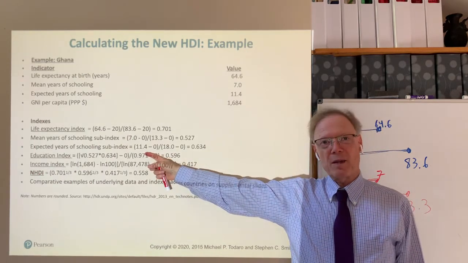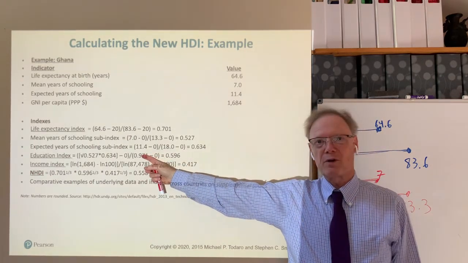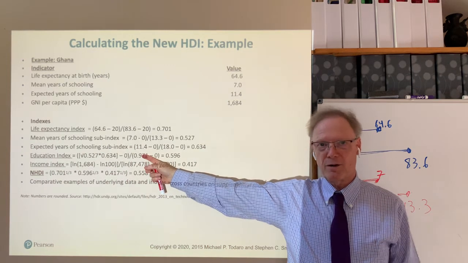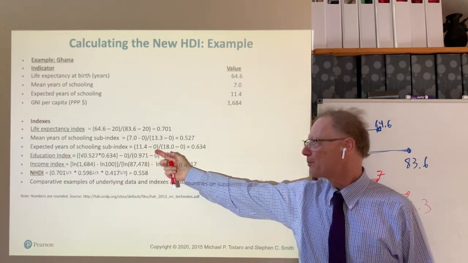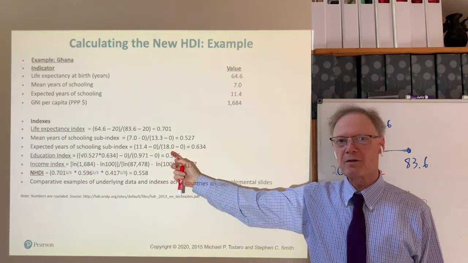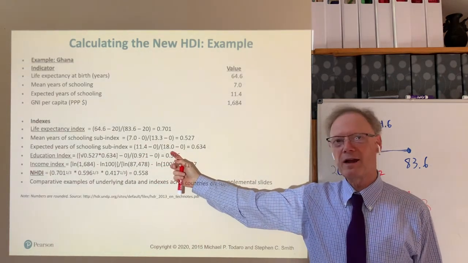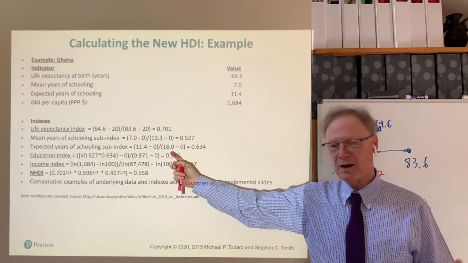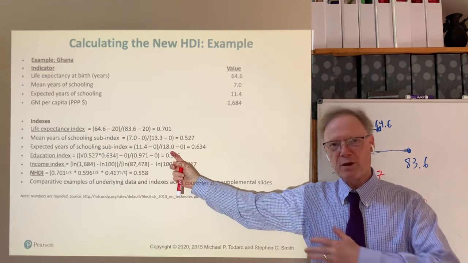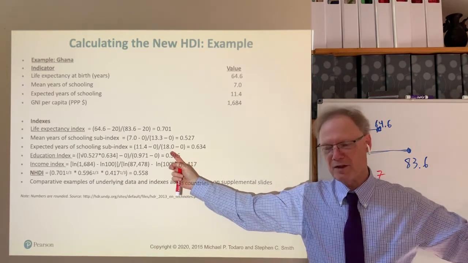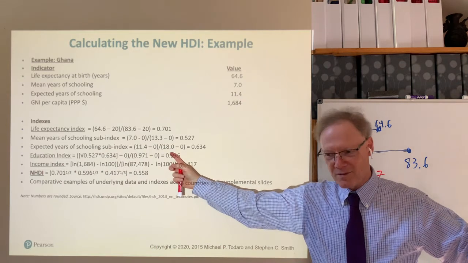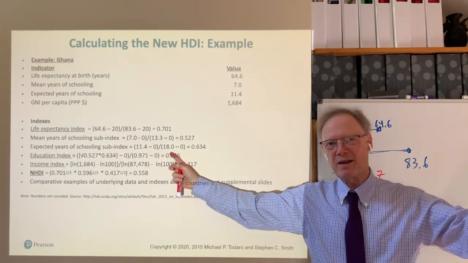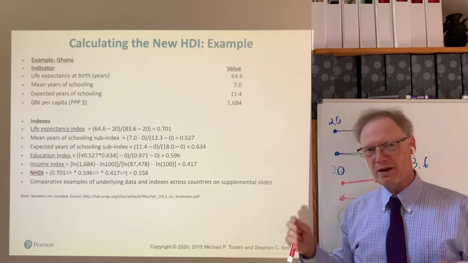Similarly, we have the expected years of schooling sub-index. Here they were expected to achieve 11.4 years of schooling per person on average among the children who are about to come into school. And so they have an aspirational level of 18. This is not a real country's level. You can think of it as, if we thought of the goal of having everybody in the society have 18 years of school, that means everybody has a 2 years master's degree or something like that.